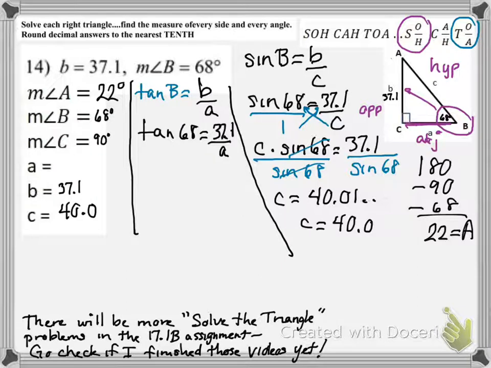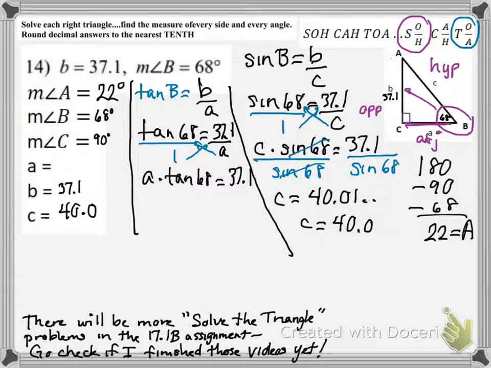Looks a lot like my setup beside this, except I've got tangent and I've got A instead of C. So I'm going to put a 1 underneath this. I'm going to cross multiply so that I get A times tangent 68 equals 37.1.